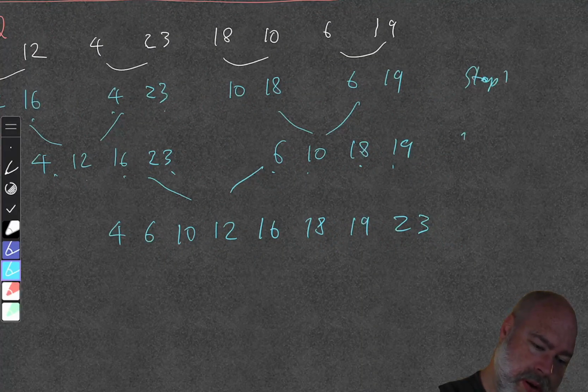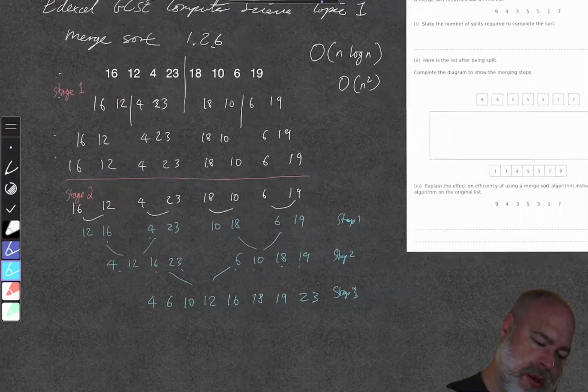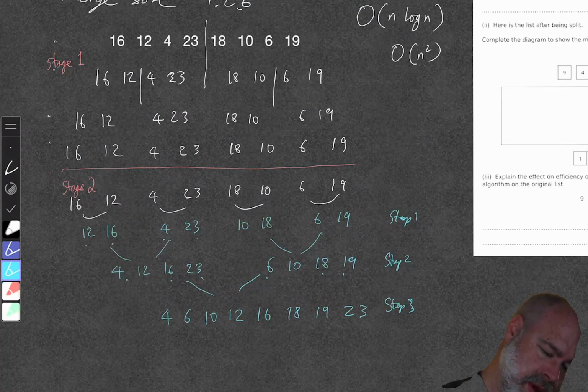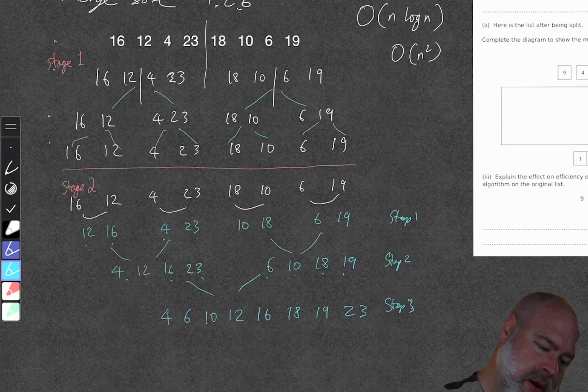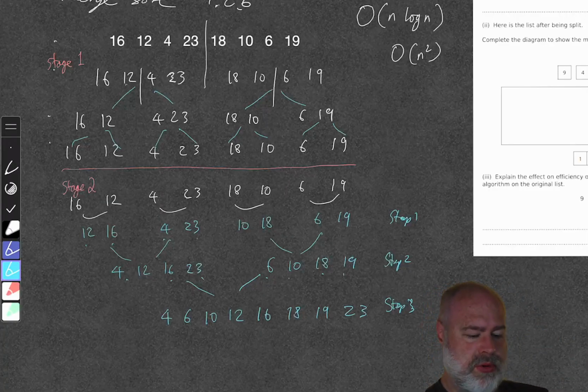So that's our stage 2, step 1, step 2, step 3. So you can see it goes a bit like a tree, if I put these arrows in, where it starts off with one list, branches to 2, and branches to 4, and then goes back again.